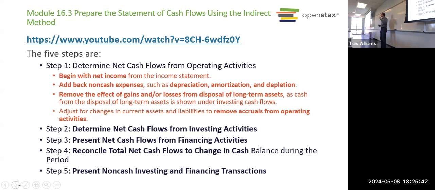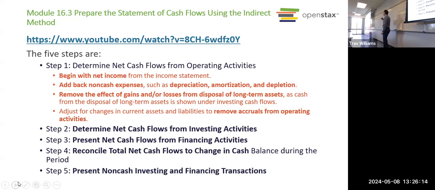That means it's going to show up on your income statement as an expense. But there's no cash flow associated with that expense. It's just an accounting calculation, right? You're just saying this year we had this much depreciation expense on the building, but it has nothing to do with your cash flow. So that's an example of an expense that did not have anything to do with cash.